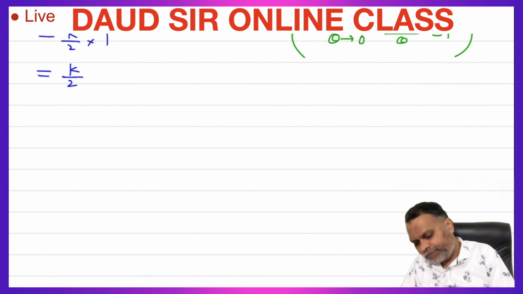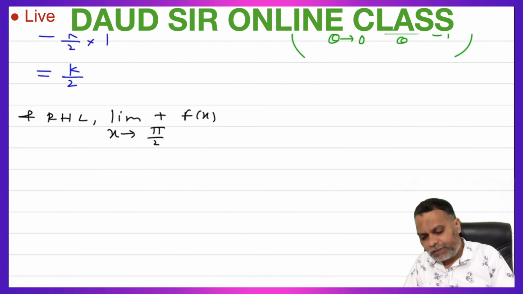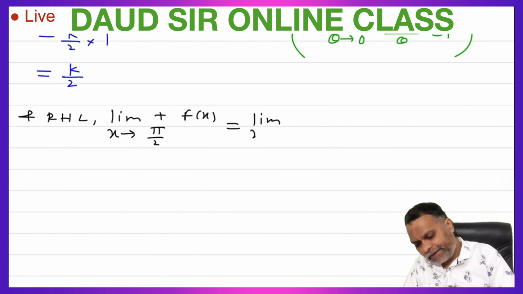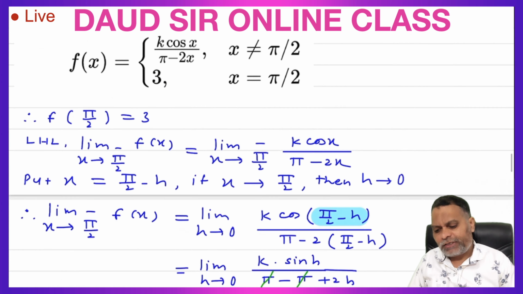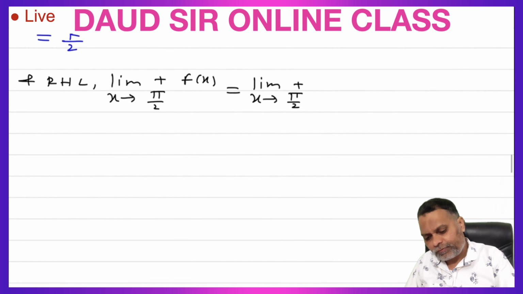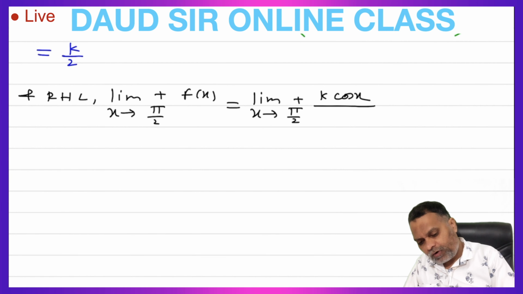And right hand limit x tends to pi by 2 plus f of x is equal to limit x tends to pi by 2 plus same function k cos x upon pi minus 2x.